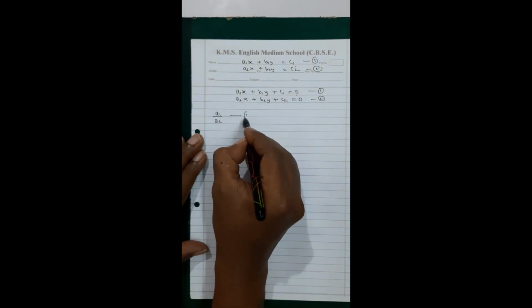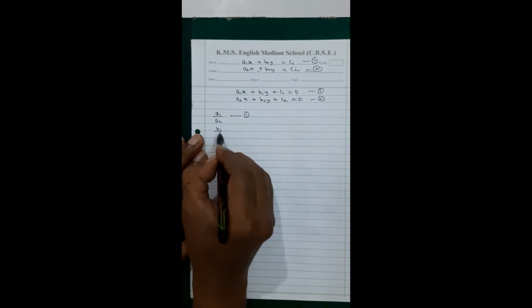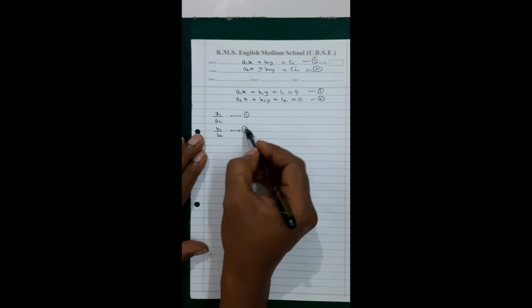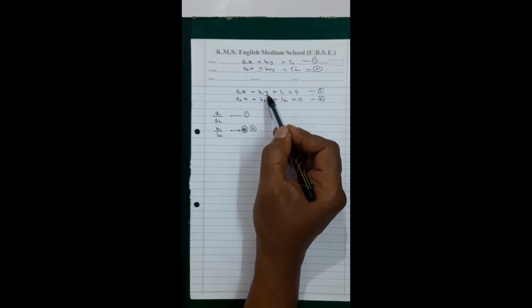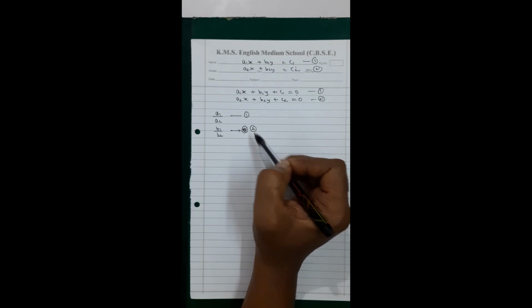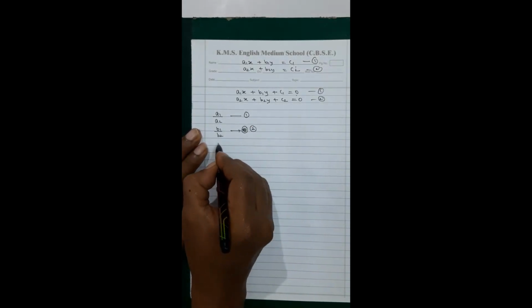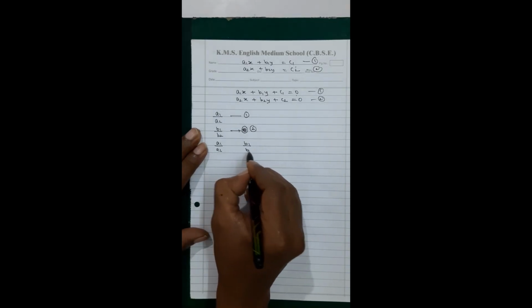Once you find that ratio, then you find the ratio of b1 upon b2, meaning the coefficient of y in the first equation and the coefficient of y in the second equation. By comparing here itself, you will understand whether a1 upon a2 and b1 upon b2 are equal or not.